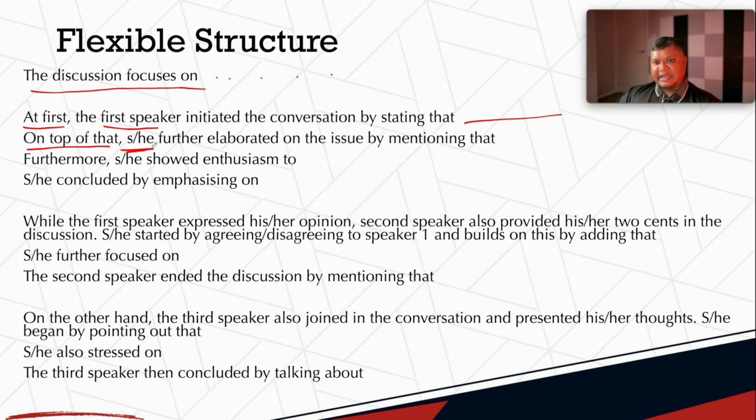Then come to the next speaker, and the first sentence I'm saying is, while the first speaker expressed his or her opinion, the second speaker also provided his or her 2 cents in the discussion. She or he started by agreeing or disagreeing. Here comes the fact.